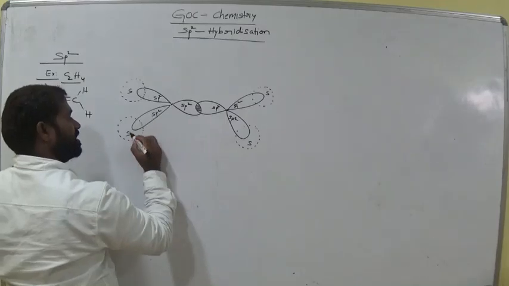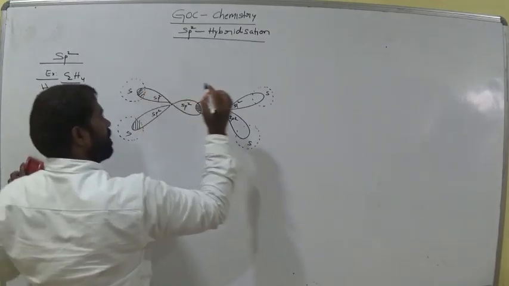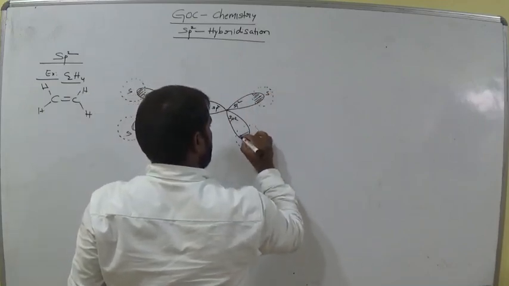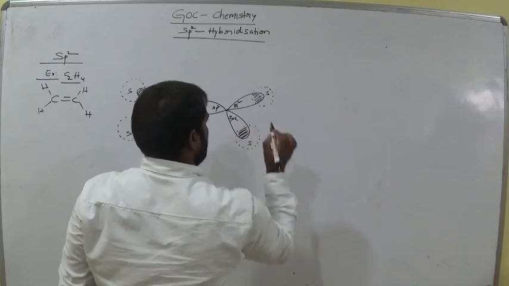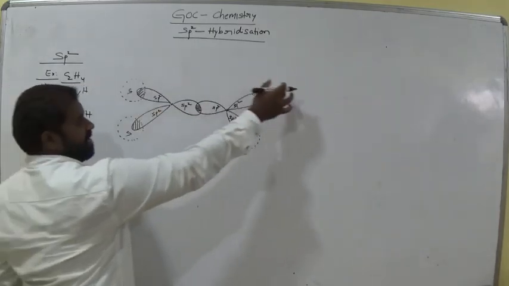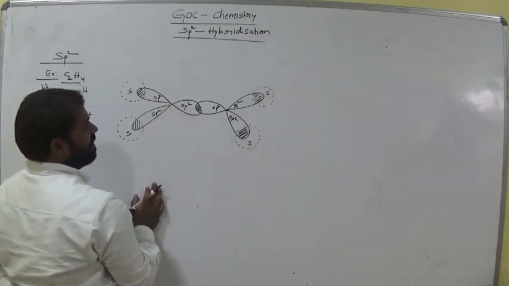So now they interact with overlapping, axial overlapping takes place. Is it clear? Now this is hydrogen, hydrogen, hydrogen, hydrogen. Okay, these two are carbons.